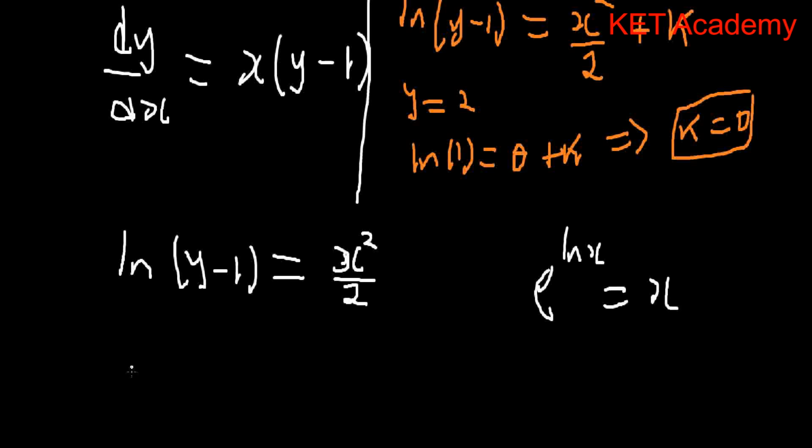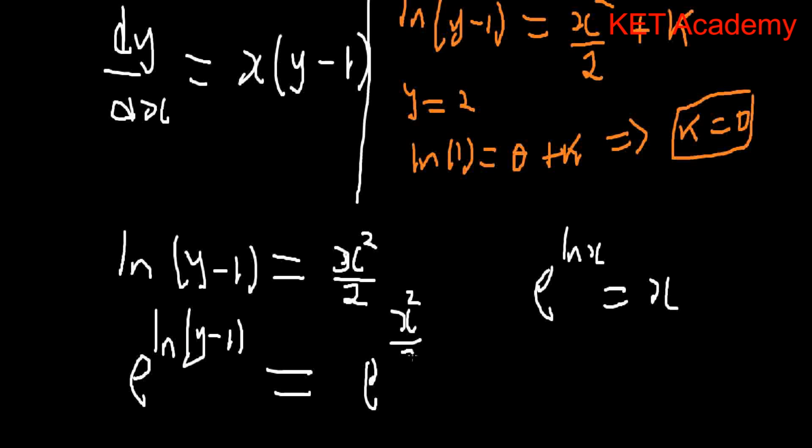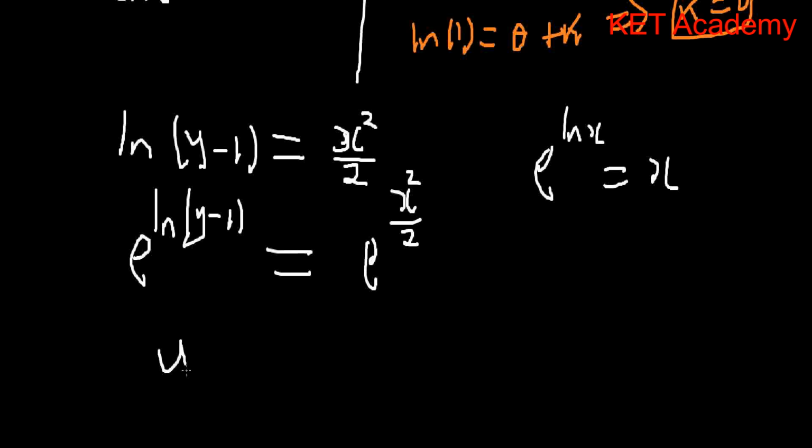Taking exponent on both sides, we get e to the ln of y minus 1 equal to e to the x squared all over 2. So here we get y minus 1 equal to e to the x squared on 2.